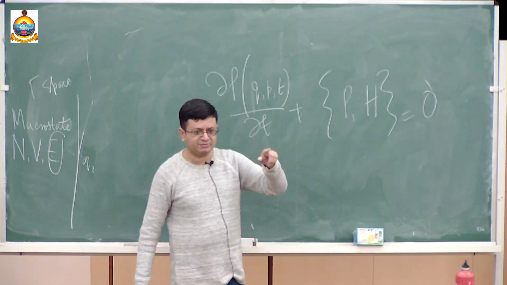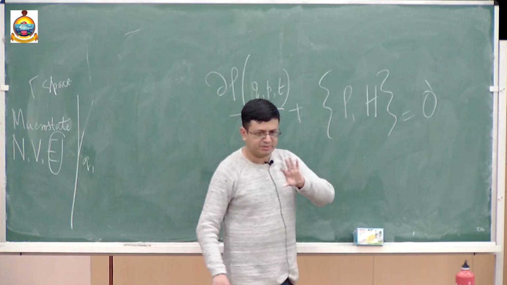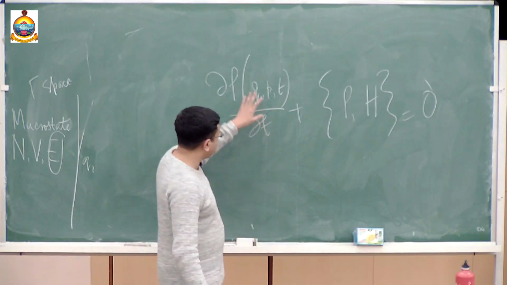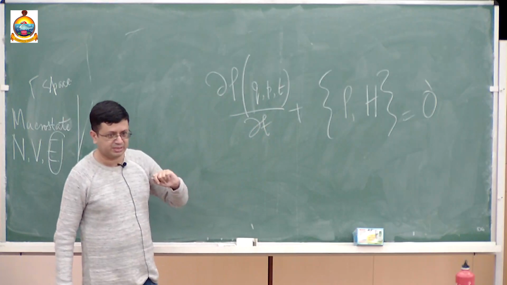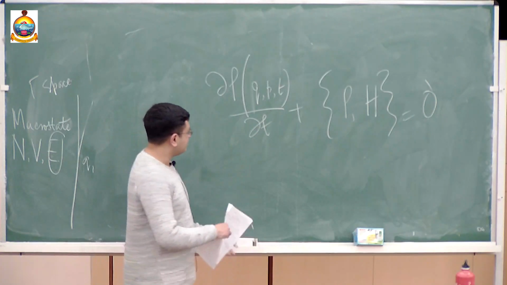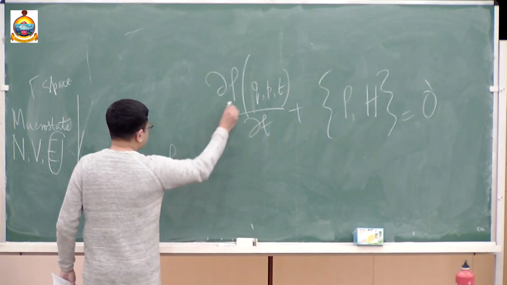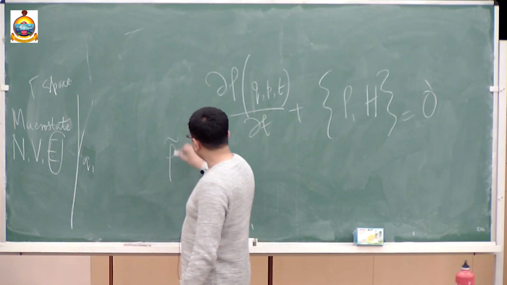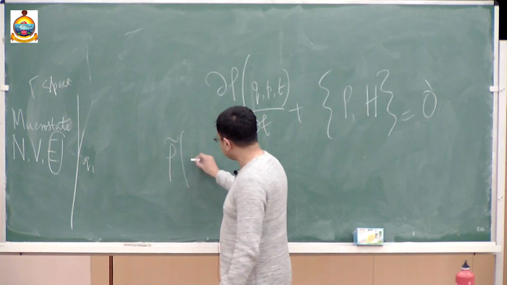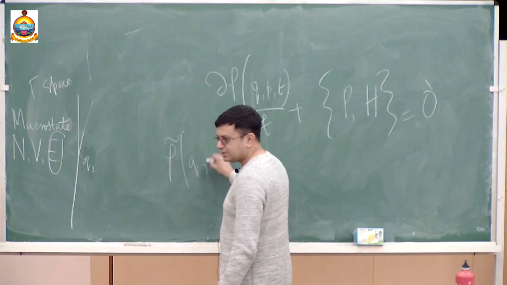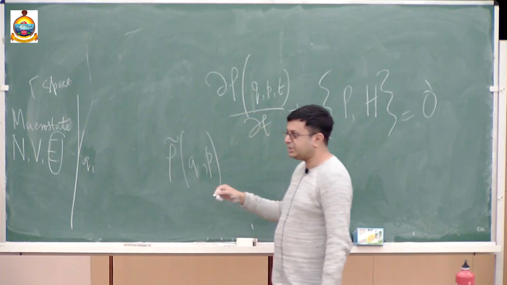Rho will change because rho is a function of q and p, but there is no explicit time dependence. Suppose you reach a rho that has no explicit time dependence. It may so happen.